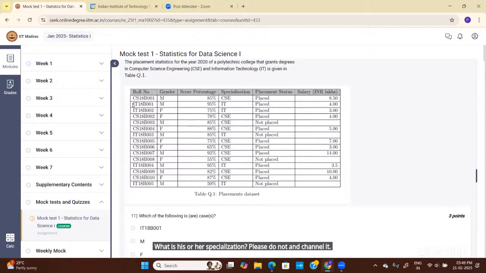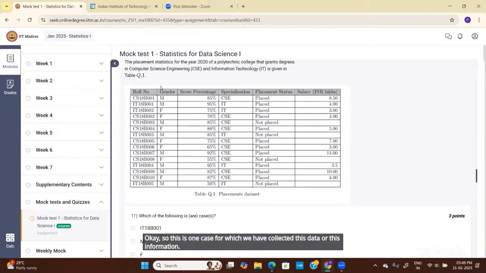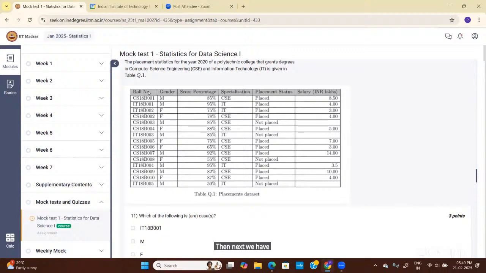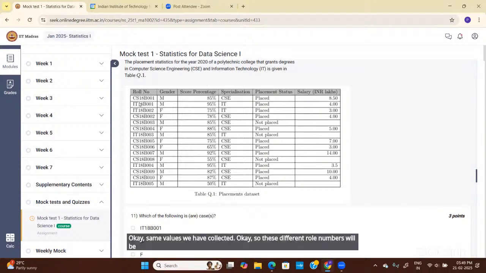So this is one case for which we have collected this information. Then we collect the same values for the next roll number. So these different roll numbers, CS18B001, IT18B001, up to the last, are our cases or observations.